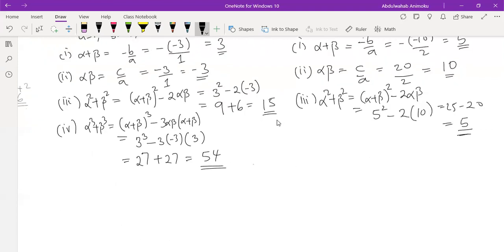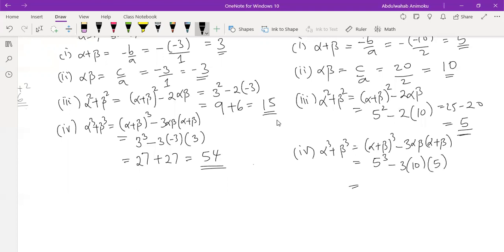And finally, we have alpha cube plus beta cube, which is alpha plus beta raised to power 3 minus 3 alpha beta times alpha plus beta. Now, alpha plus beta is given as 5, so 5 cubed minus 3 times alpha beta, which is 10, times alpha plus beta again, which is 5.